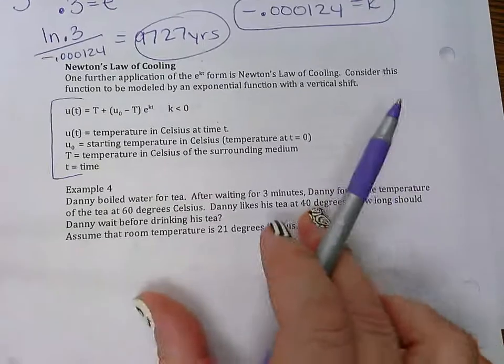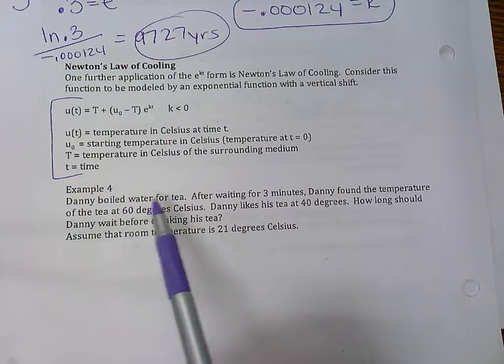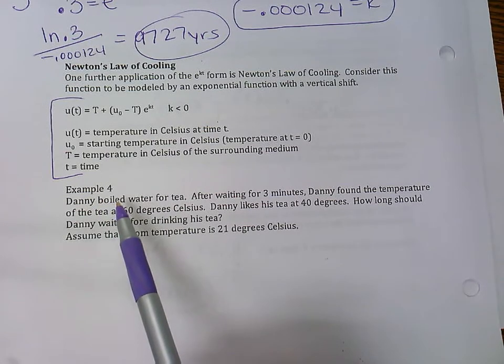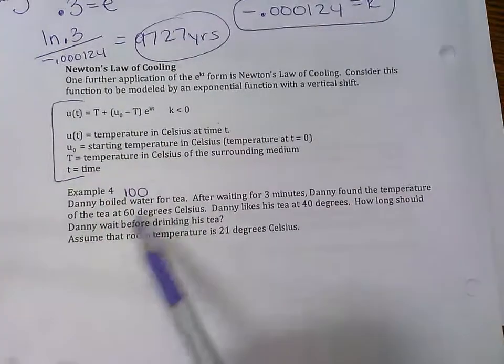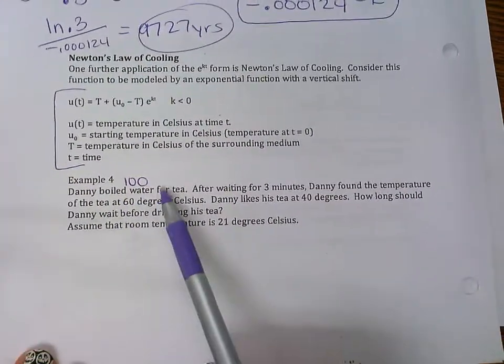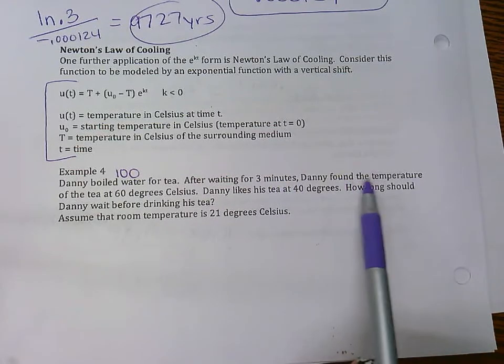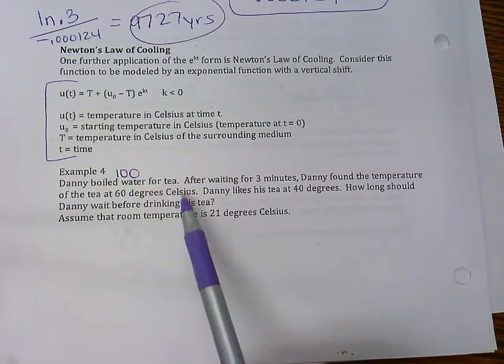So here's our problem that we're going to figure out. Danny boiled water for tea. What does water boil at in Celsius? Do you know? 100 degrees, so that's important. So the water was boiling, that's the starting temperature. After waiting for 3 minutes, he took the temperature of the tea, and it's now cooled to 60 degrees Celsius.